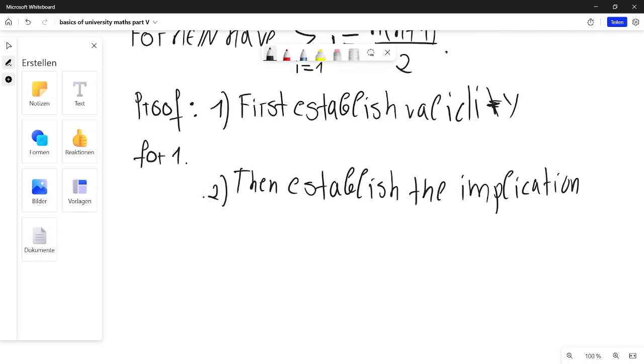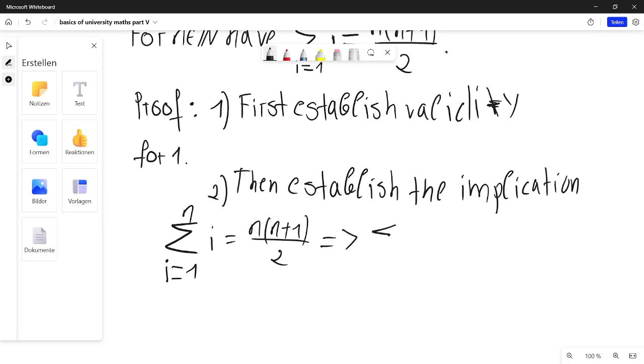Then establish the implication. Well, what would be the implication in our case? Well, implication would be, of course, we go to the next number, right? We apply our statement that the formula holds to the next number, and we'd like to establish this implication.